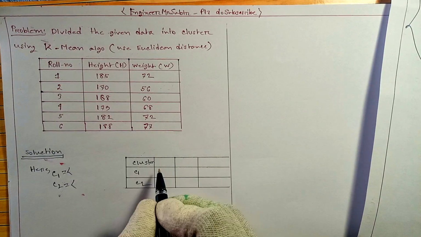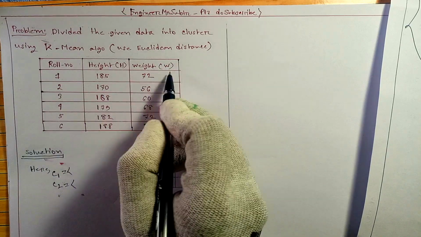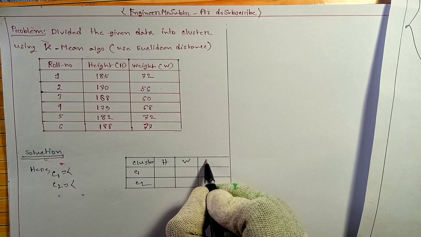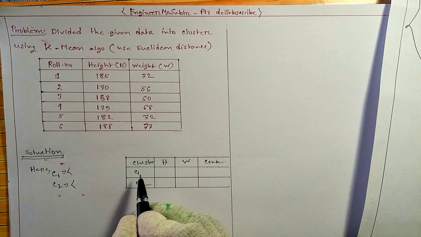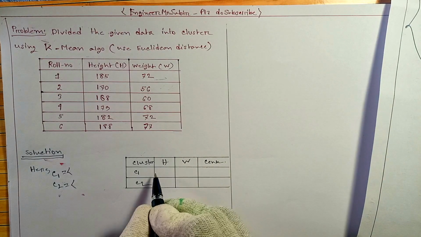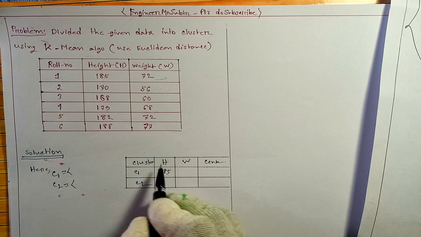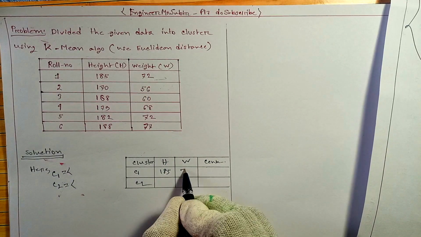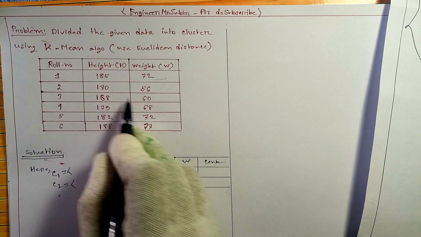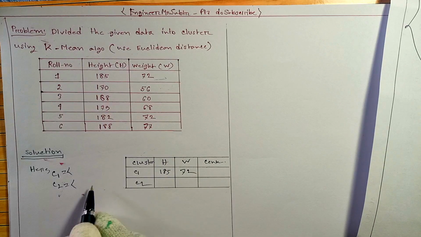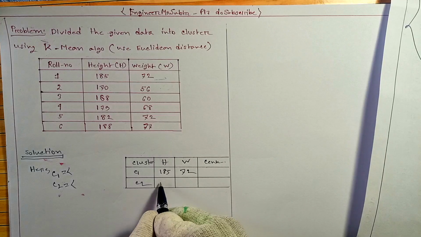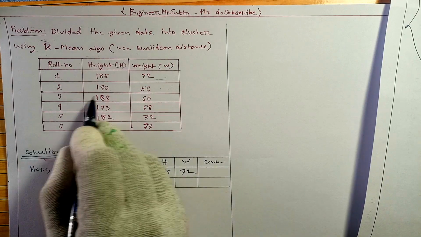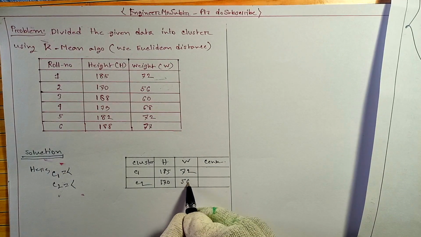So this is height, this is weight, and this is centered. Here are 185 and the second value is 72, and whatever value is given in row 2, you have to put in row 2: 170 and 56.